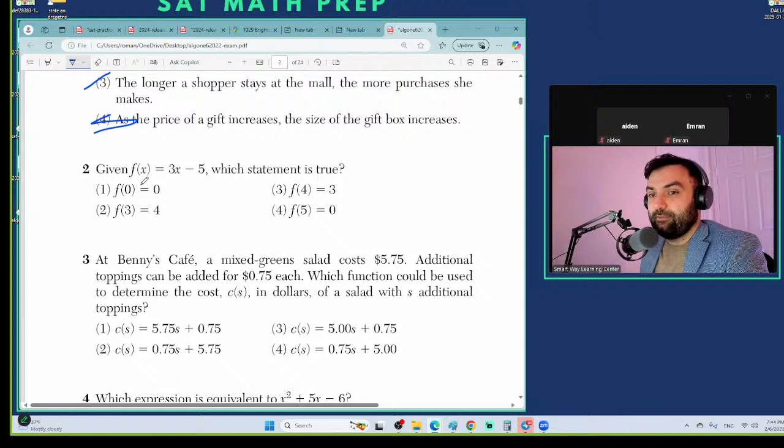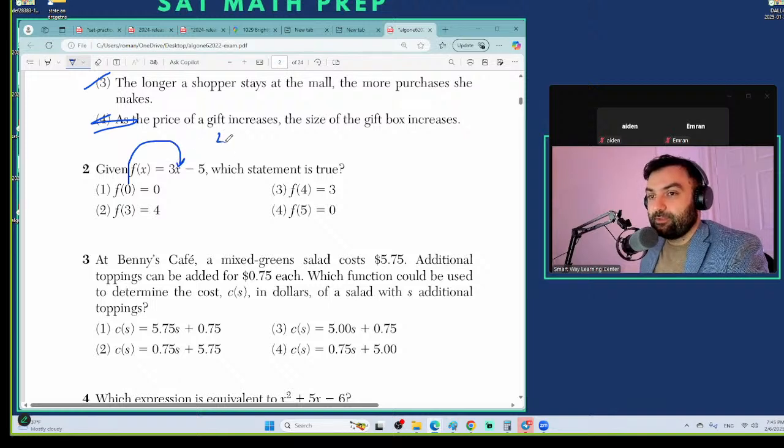Given f of x equals 3x minus 5, which statement is true? F of 0 equals 0. Is this true? When we have f of 0, we have to plug the number that's inside of the parentheses into the function.